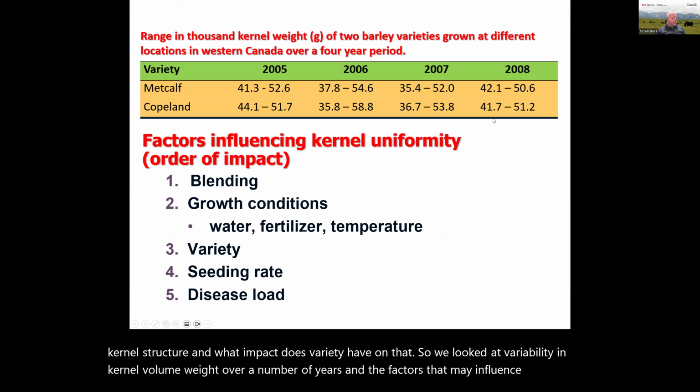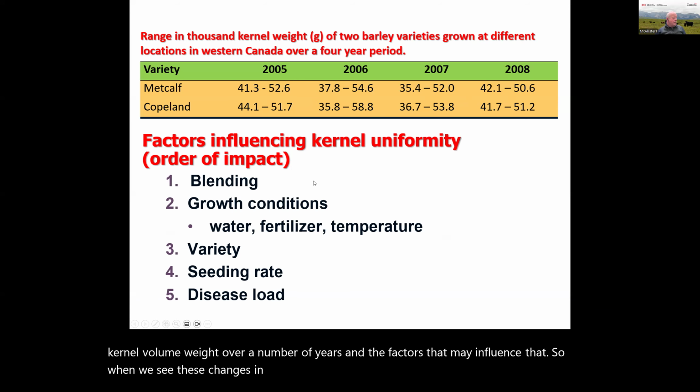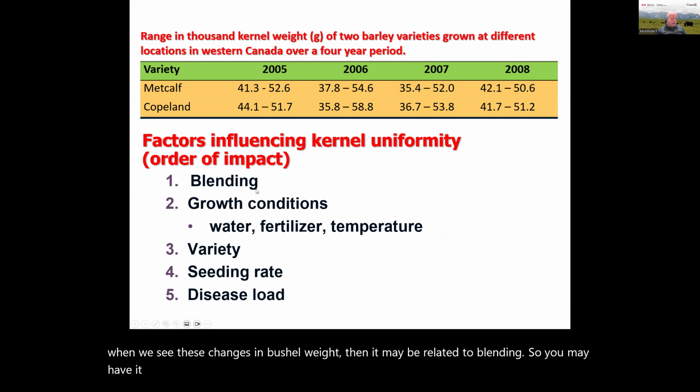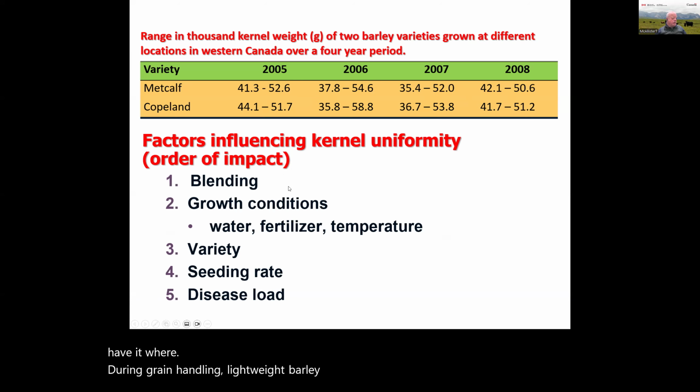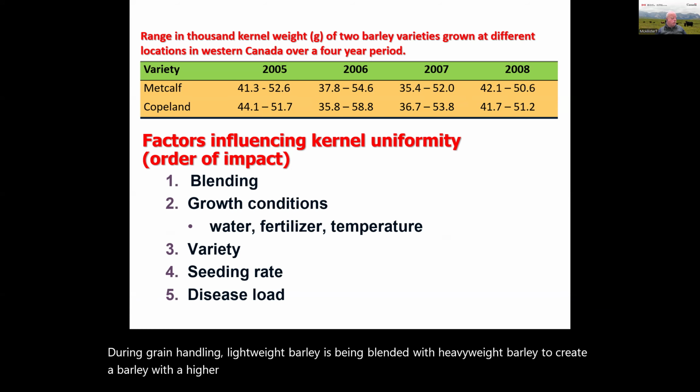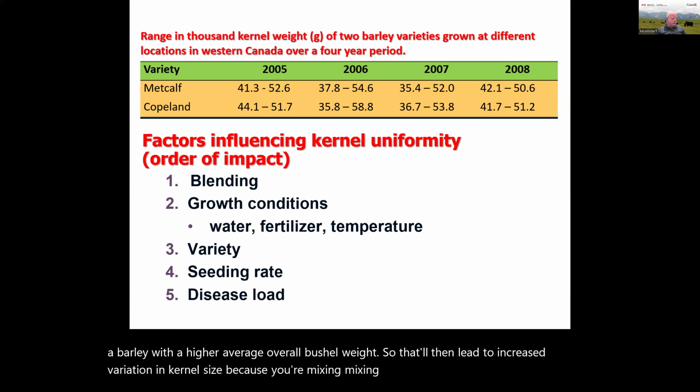When we see these changes in bushel weight, it may be related to blending. During grain handling, lightweight barley may be blended with heavyweight barley to create a barley with a higher average overall bushel weight. That will then lead to increased variation in kernel size, because you're mixing smaller kernels with larger kernels.